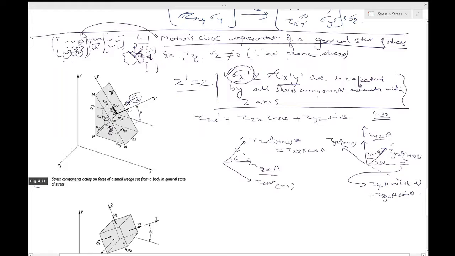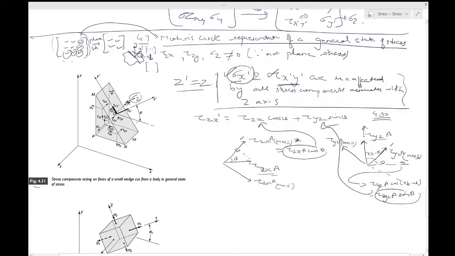Okay, so this term appears over here and this term appears over here.